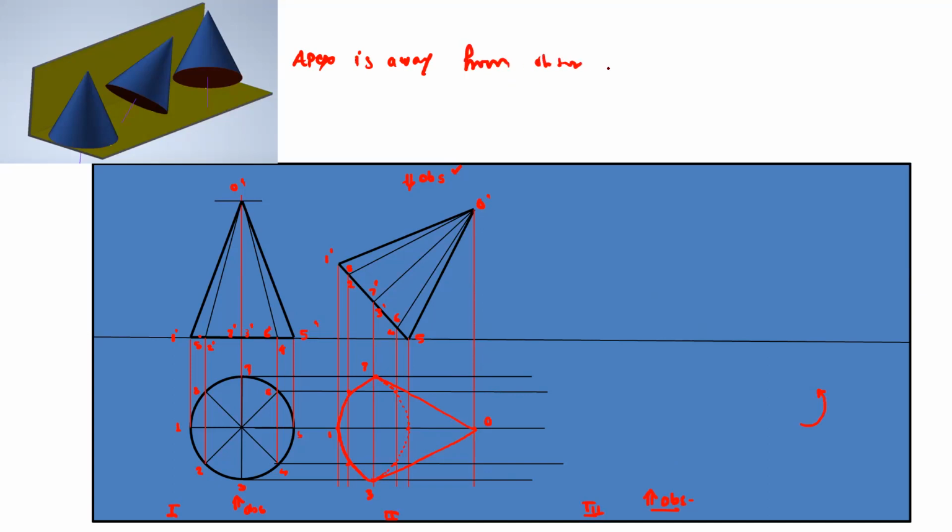So when apex is nearer to the observer, so this is the rotation when apex is nearer to the observer. Okay. And in the given problem, we should rotate like this, where this apex is away from the observer. So that means rotate the second stage top view in anti-clockwise direction.